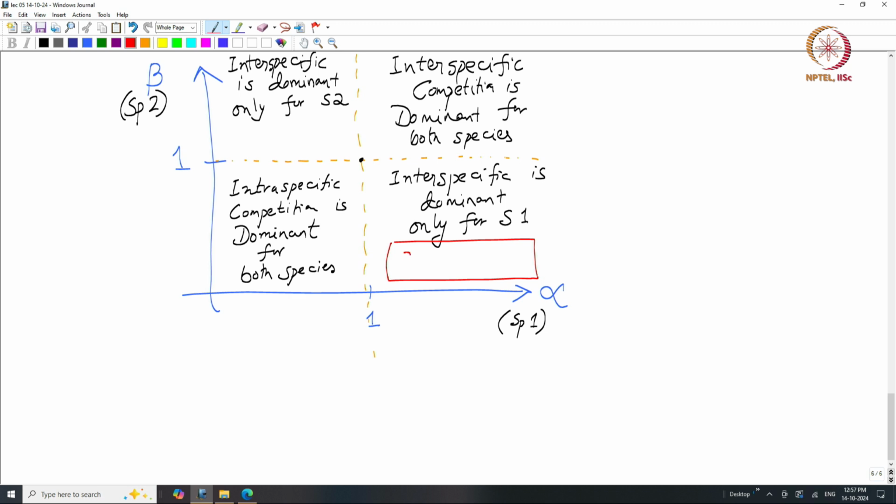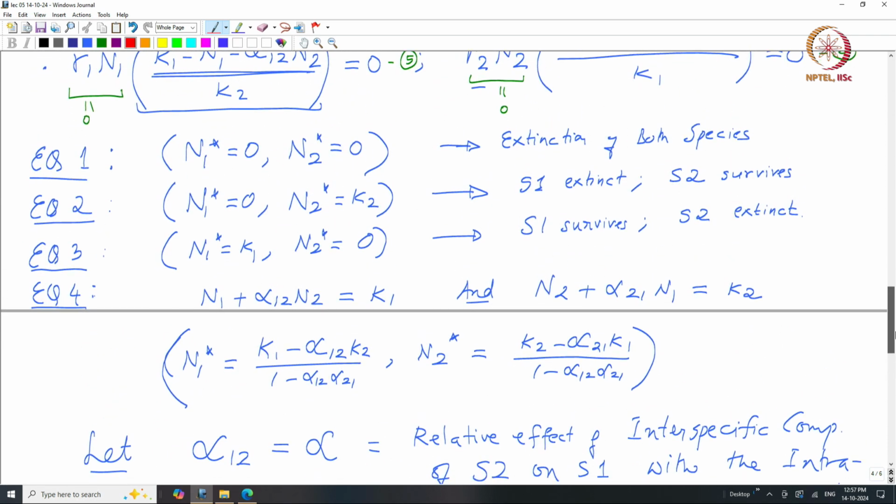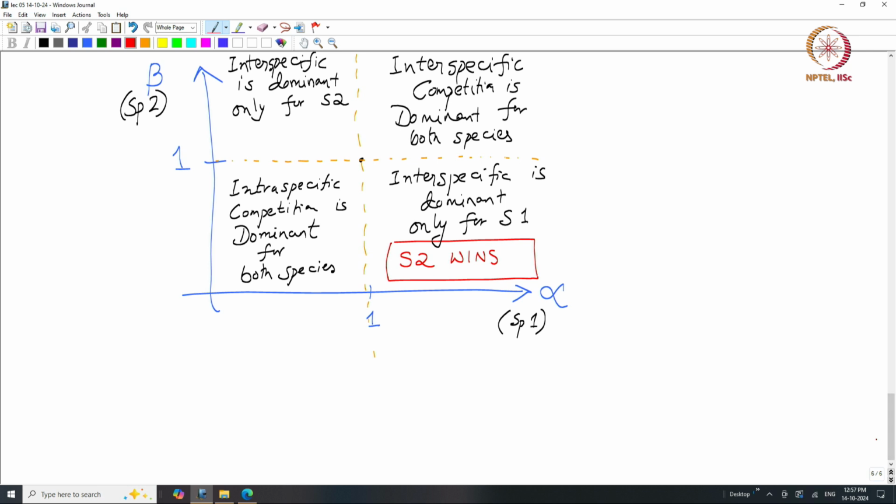We could guess that here S2 wins, okay, whereas S1 goes extinct. So, this means probably we might reach what I called equilibrium 2. In other words, the system will reach equilibrium 2.